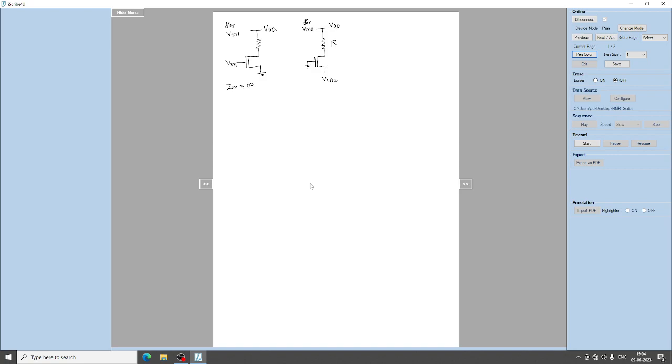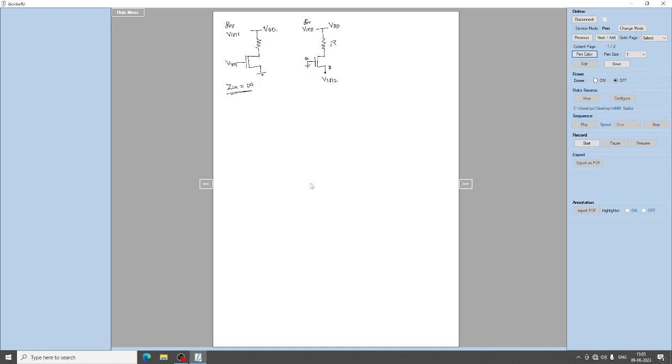If you remember the small signal analysis we drew for the MOSFET, it is open circuit at the input side, which implies that the input impedance is very high. For the second circuit, the second input is given to the source terminal, and the other input terminal, which is the gate, is connected to ground.